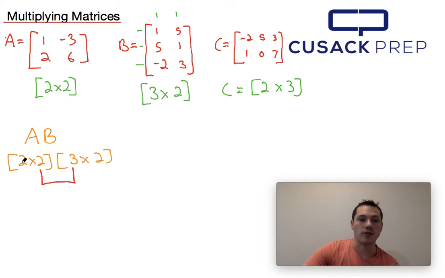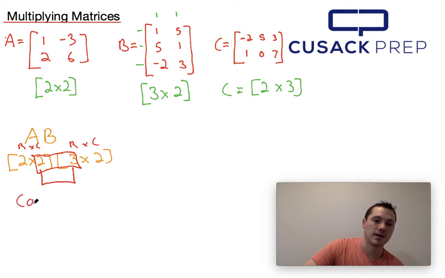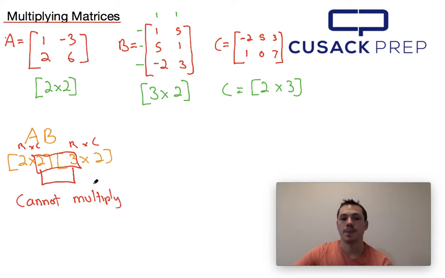You can just draw out rows by columns of the first one, rows by columns of the second one. If you see that the two inside numbers match, you can multiply them. If they do not match, you cannot multiply them. And usually the answer to something like this would be no solution.